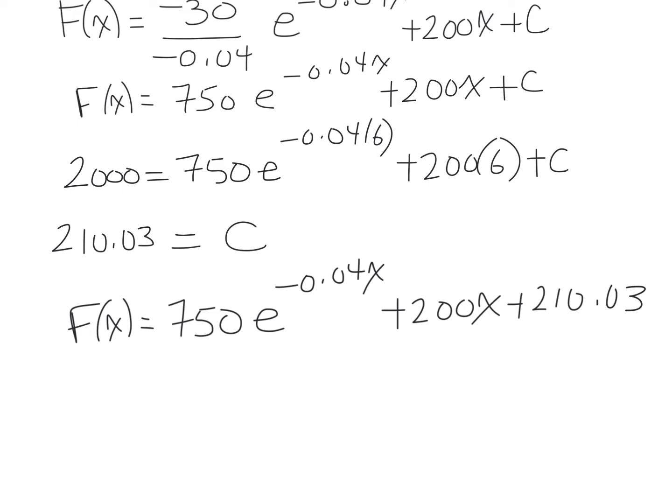Oh, I think I did that correct. Maybe I messed up the decimal place. And remember, with e, you put your brackets, negative 0.04 times your number, and then raise that to e to the x. This will be just a reminder how your calculator wants to receive the information.